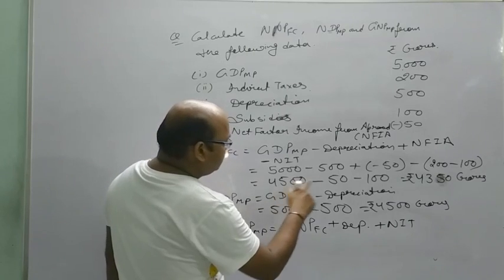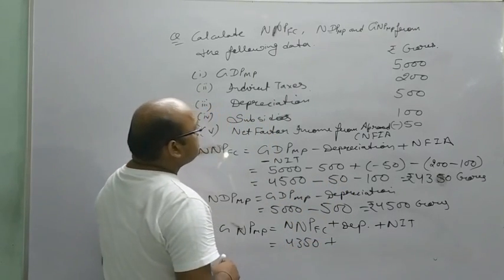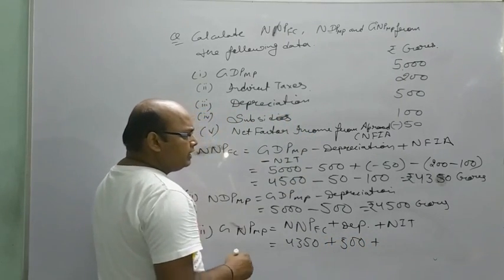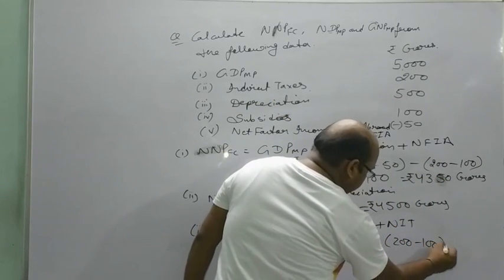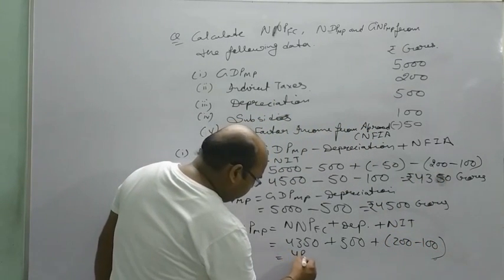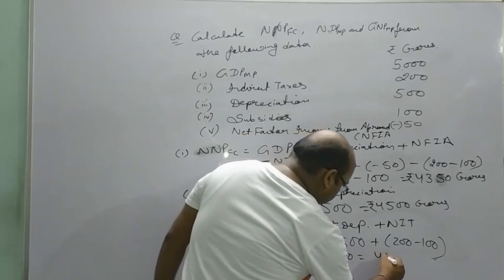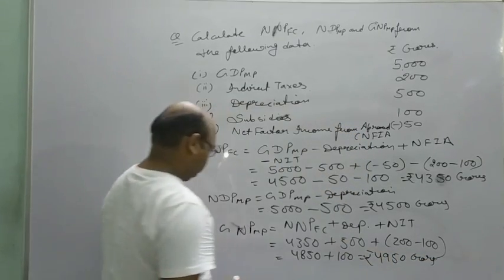So NNPFC we calculated, 4,350, plus depreciation 500, plus NIT. Net indirect tax is indirect tax 200 minus subsidies 100. So 4850 plus 100, so 4950 crores is the answer.